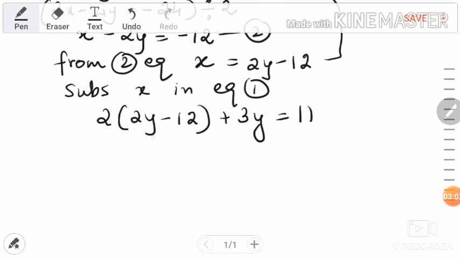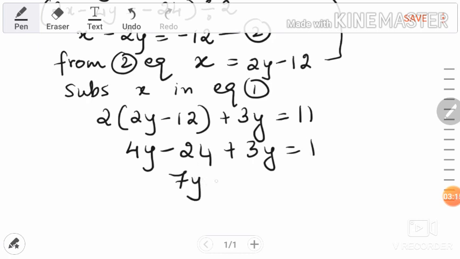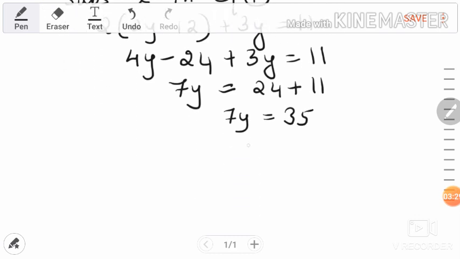Now multiply 2 with the terms in the bracket. 4y minus 24 plus 3y is equal to 11. Add like terms, we get 7y equal to, carry minus 24 to the other side, that becomes plus 24 plus 11. So 7y is equal to 35. y is equal to 35 upon 7, which is 5.